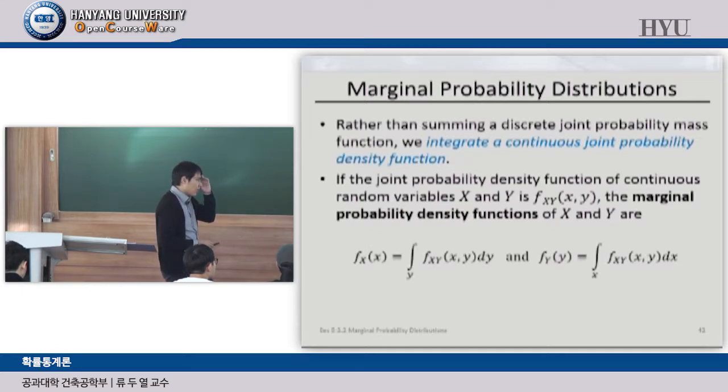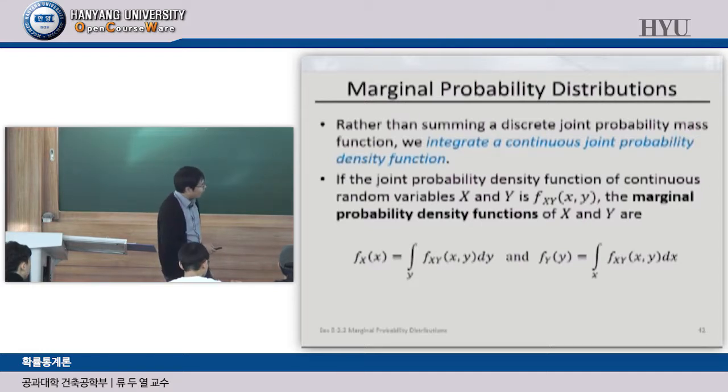In the previous discrete random variable case, the marginal distribution of x was the summation of the joint probability mass function, right? But in this case, we are going to discuss the continuous random variable case. So the summation should be transferred to the integration, okay?